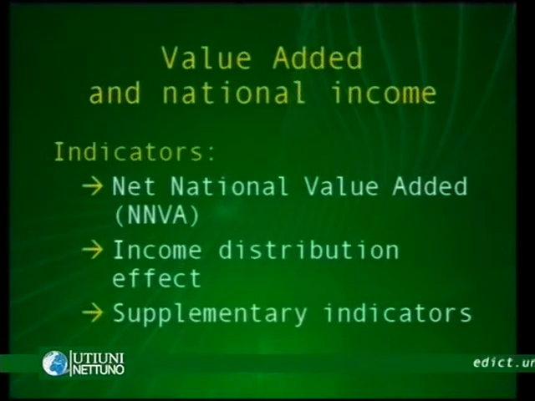Then they also consider income distribution effects, in particular through the analysis of the distribution of value added across social groups. As we have already discussed for the economic cost benefit analysis, this is important because national goals cannot be limited to the analysis of undifferentiated income, that is income without accounting for the effect of distribution.